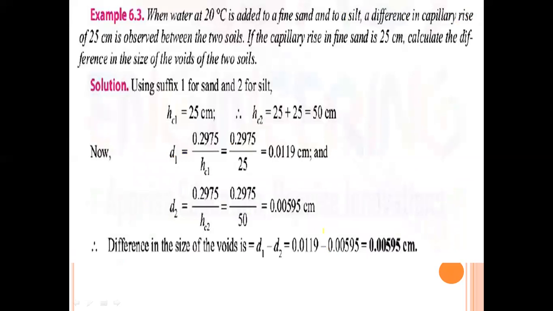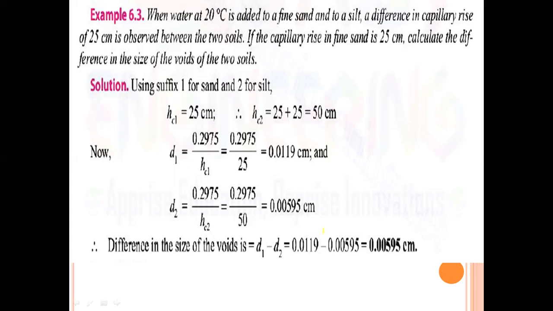Write the next problem also. When water at 20 degrees centigrade is added to fine sand and to silt, a difference in capillary rise of 25 centimeters is observed between the two soils.